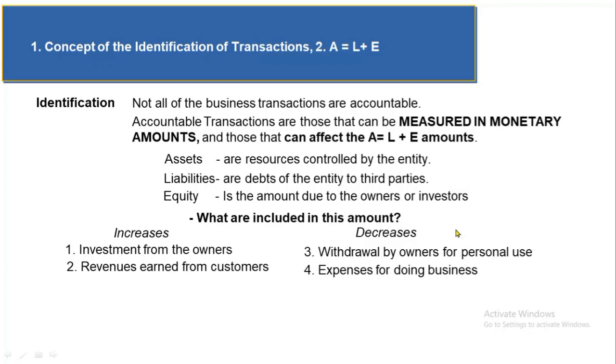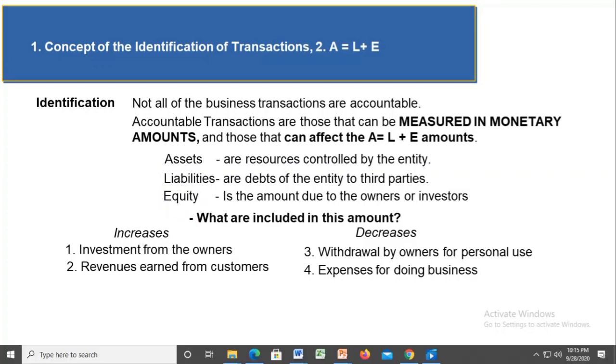Sir, some say that equity is a residual account. What does it mean? Well, in case the business stops its operations, assets are distributed first to third-party creditors and the balance will go to the owners or the investors. So, simply stated, assets minus liabilities gives us the equity. That's why it's called the residual amount.